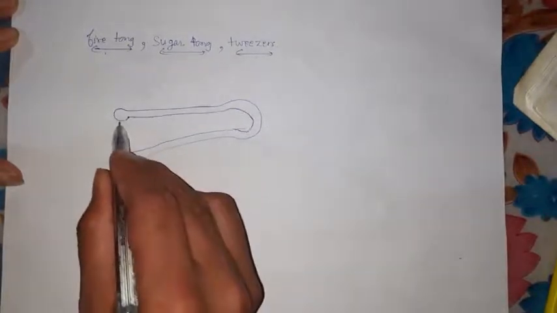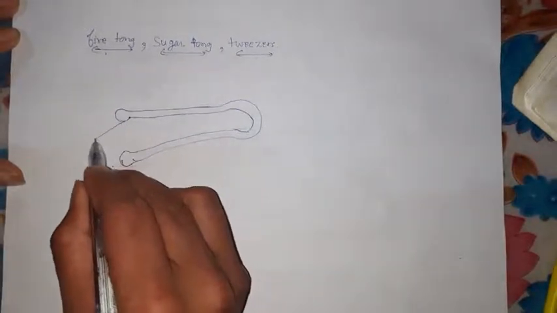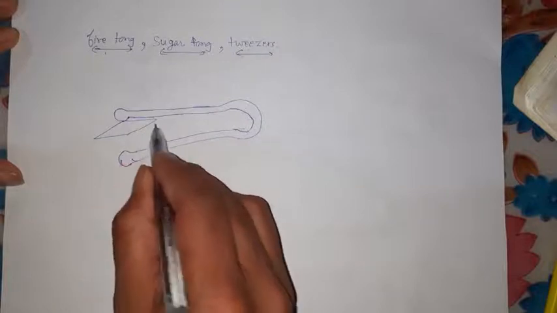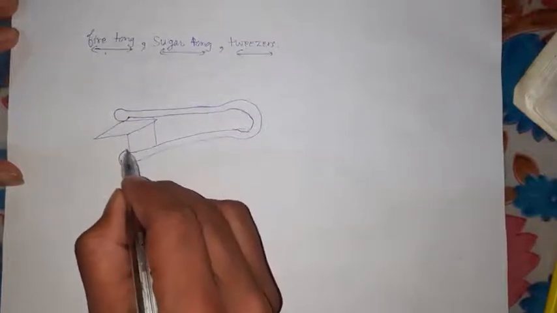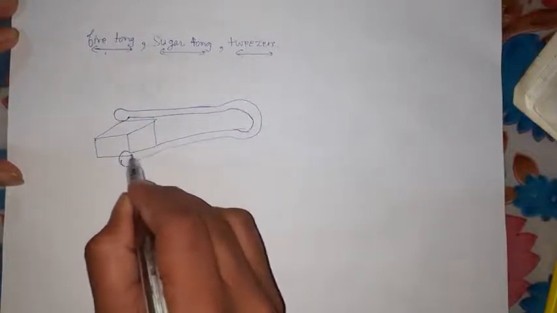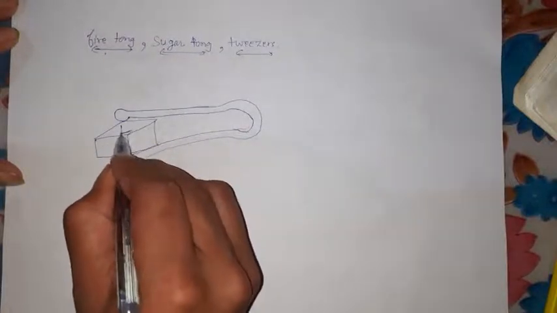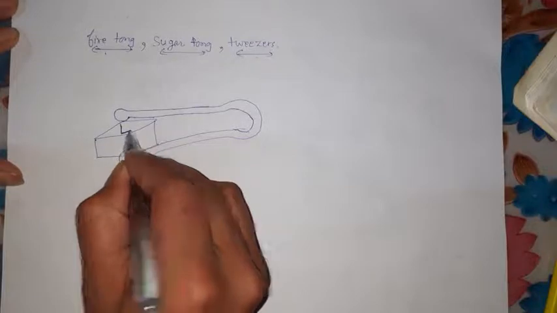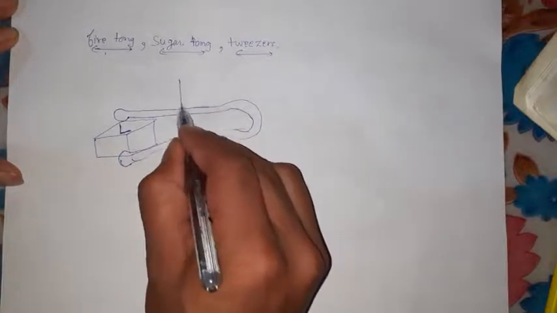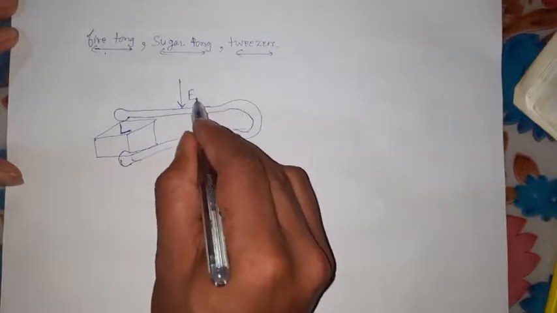Okay, so generally what we are doing, student, here we are placing the load. Here is the load placed. Okay, and what is this? It is load. Load is placed here, and you are going to apply the force at this edge, at this point.